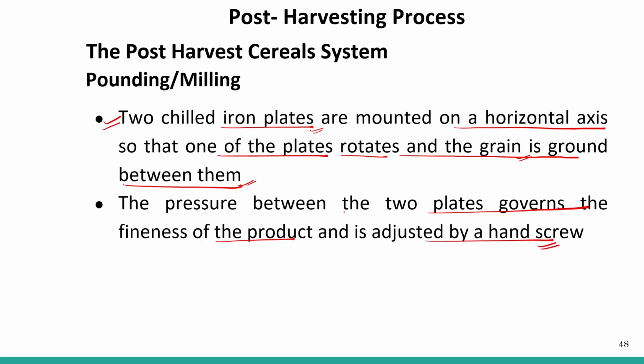With the help of the hand screw we can adjust the pressure between the two plates. If we want very finely ground grains, we can increase the pressure, but if we want coarse ground grains, we can reduce the pressure. So this is in our hands, with the help of the hand screw we can manually adjust the pressure.